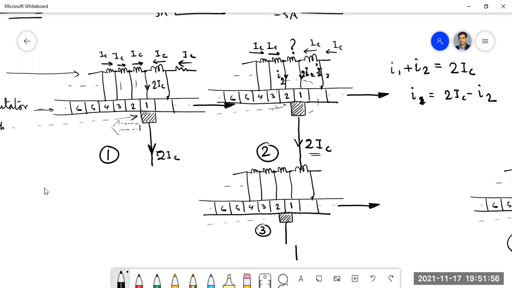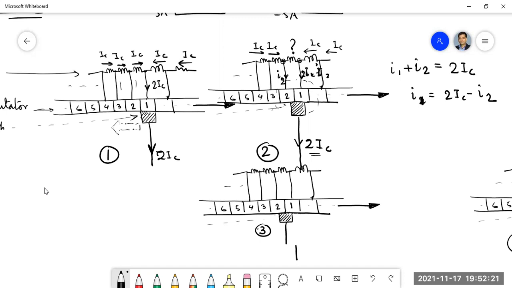At the question mark point, it will be 0, sir. How are you getting that this is 0? Sir, you apply KCL at this point or you apply KCL at this point.